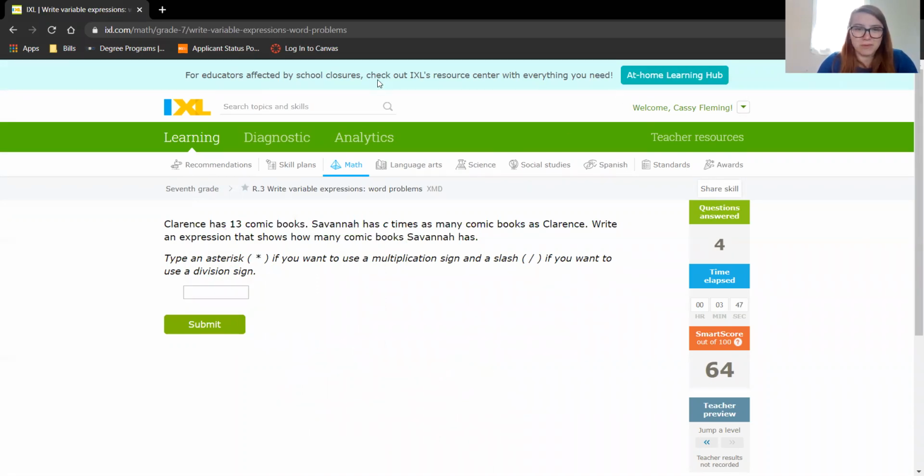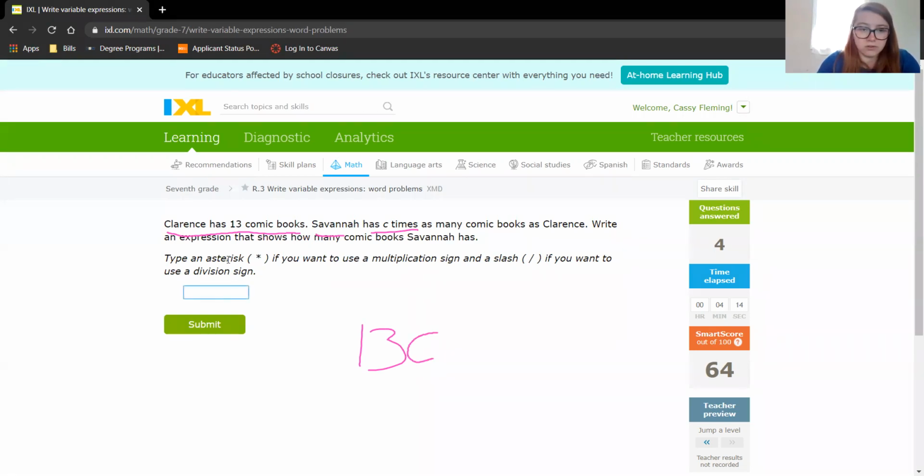So in this problem, it says Clarence has 13 comic books. Savannah has C times as many comic books as Clarence. Write an expression to show how many comic books Savannah has. So we know Clarence has 13. It says Savannah has C times. Times is going to be multiplication, so our expression would just be 13 times C because we don't know how many she has.